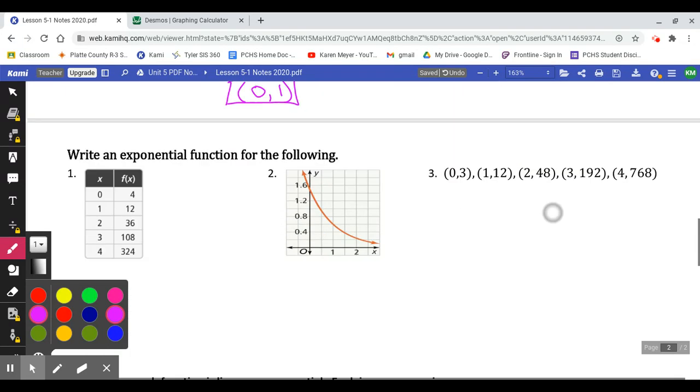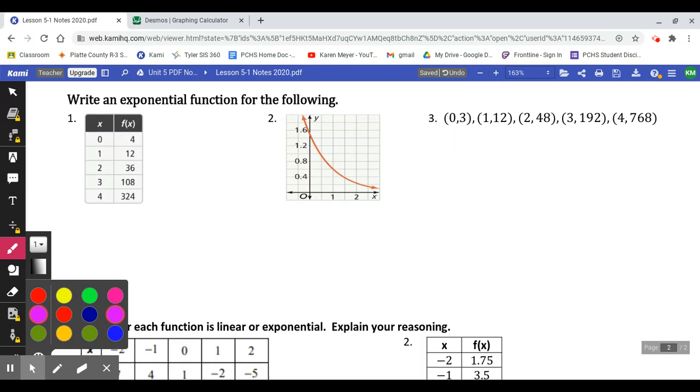Okay, on the back. This time, I'm going to give you a table or a picture or some ordered pairs, and I want you to write the exponential function. So remember, exponential functions have to look like f of x equals ab raised to the power of x.